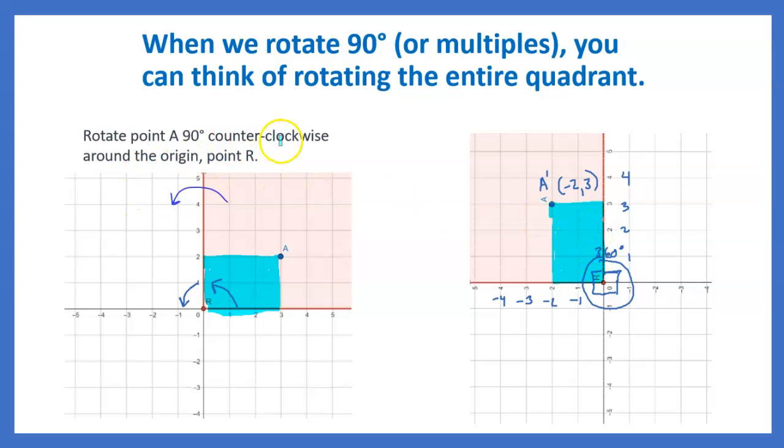Notice it said we rotated around the origin, so this point stays the same. That stays solid, static, and we're just going to rotate this rectangle upwards. So we rotated up here, and 3 wide, 2 tall became 3 tall, 2 wide. You can imagine if we were to rotate it again, it would do the same thing, right? It would become 3 wide again, 2 tall, but down in this quadrant.